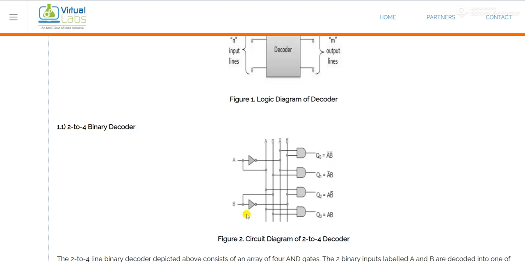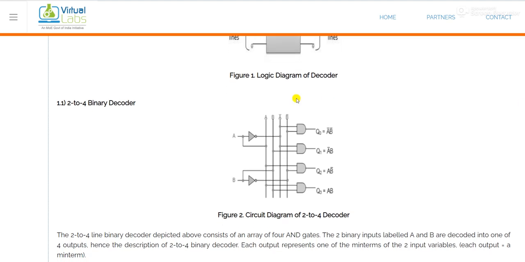This is the circuit diagram of the 2 to 4 decoder. There are two inverters and four AND gates, and the respective outputs are AB, AB bar, A bar B, and A bar B bar.